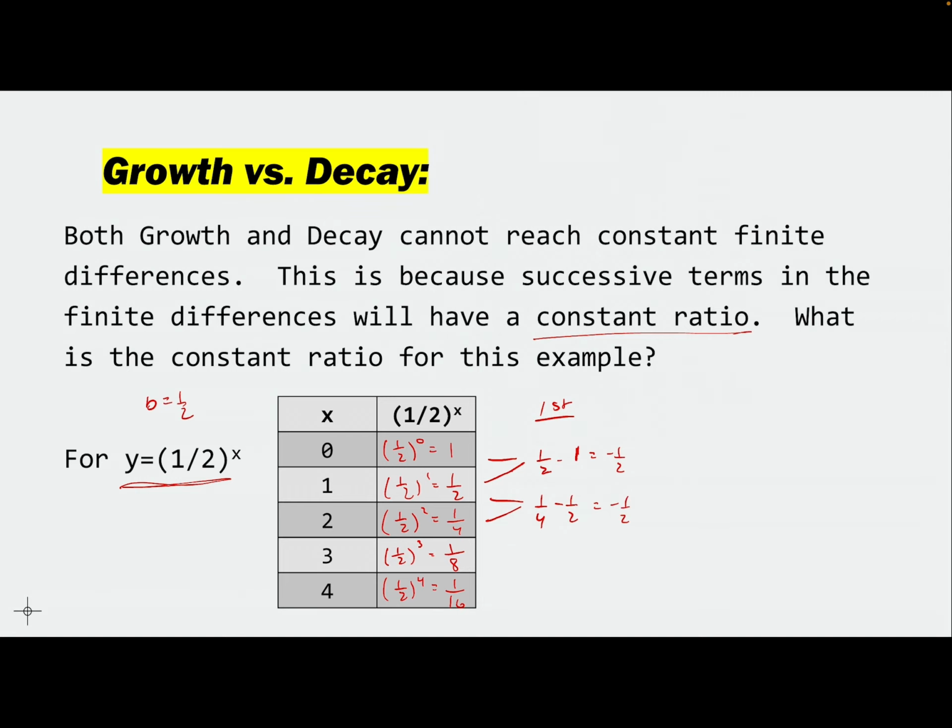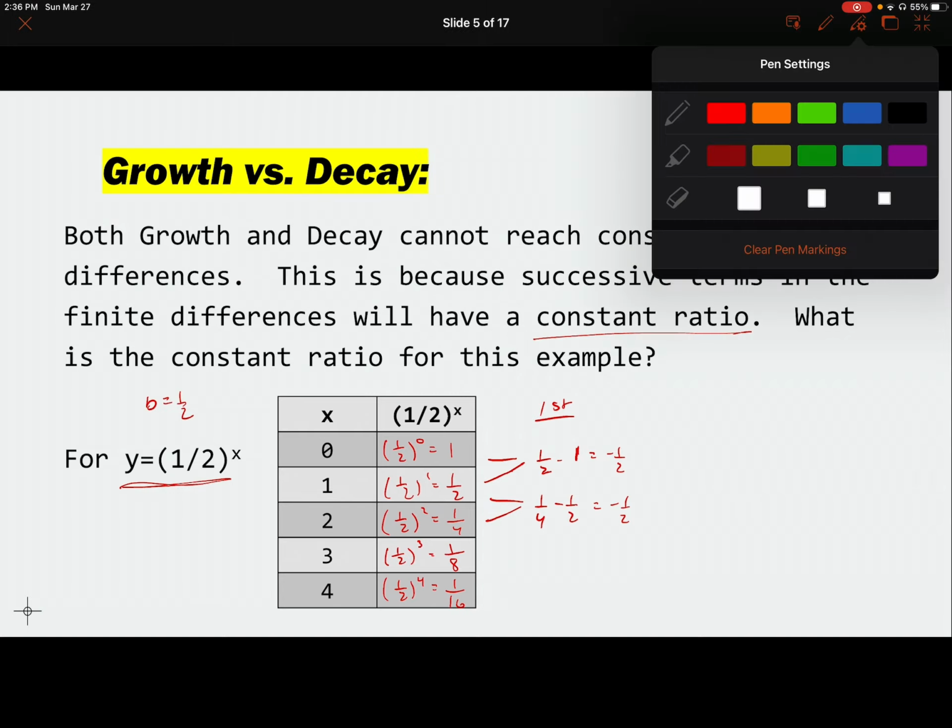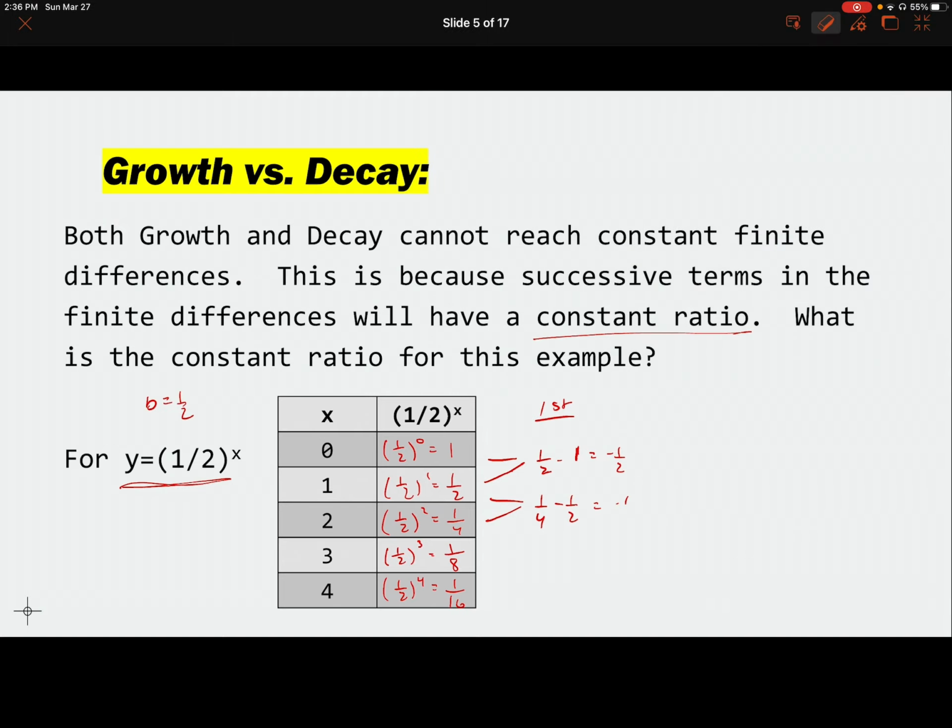Sorry, we get negative a quarter. And then an eighth minus a quarter. That gives us negative an eighth. And then a 16th minus an eighth. That gives us negative 1/16.